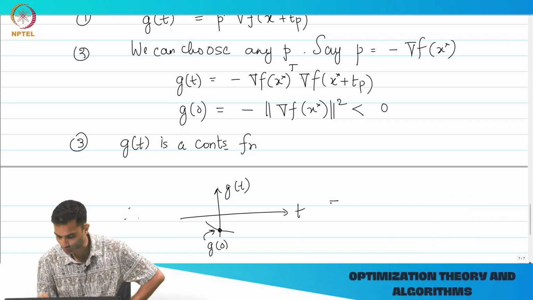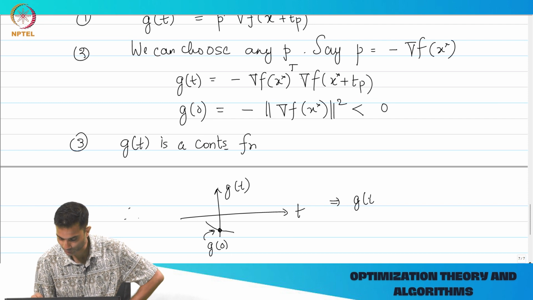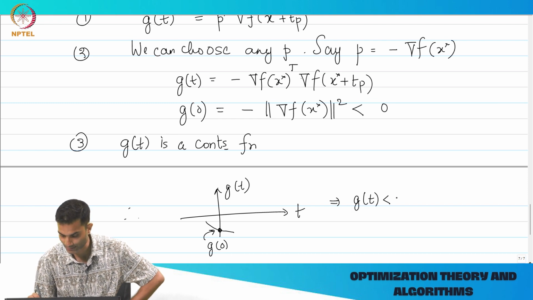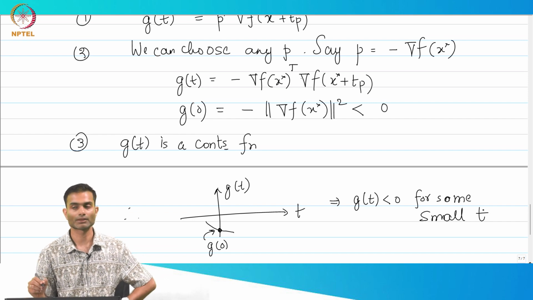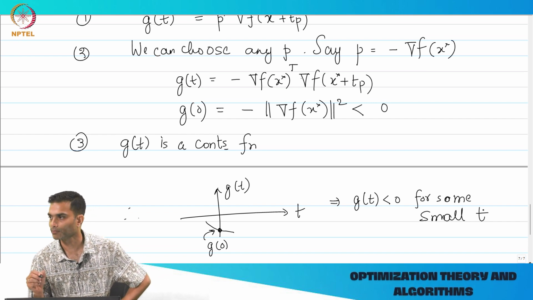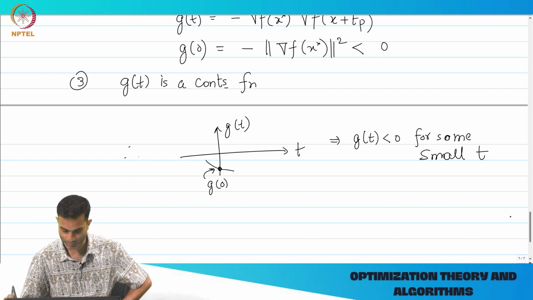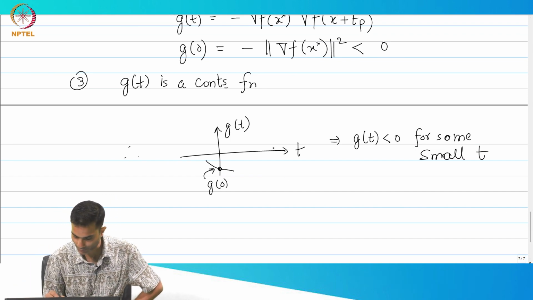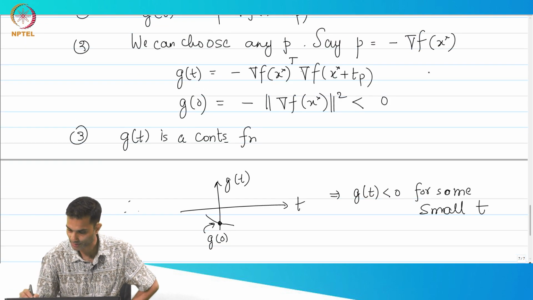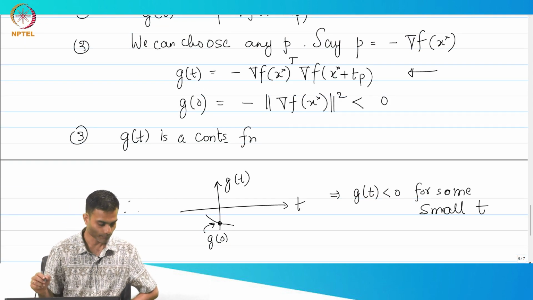So it implies that g of t is still less than 0 for some small t. I can always find a small enough t such that g of t is less than 0, right? So now we are beginning to tighten the noose. Now what is g of t? We have already written it over here. This is my g of t. Okay.